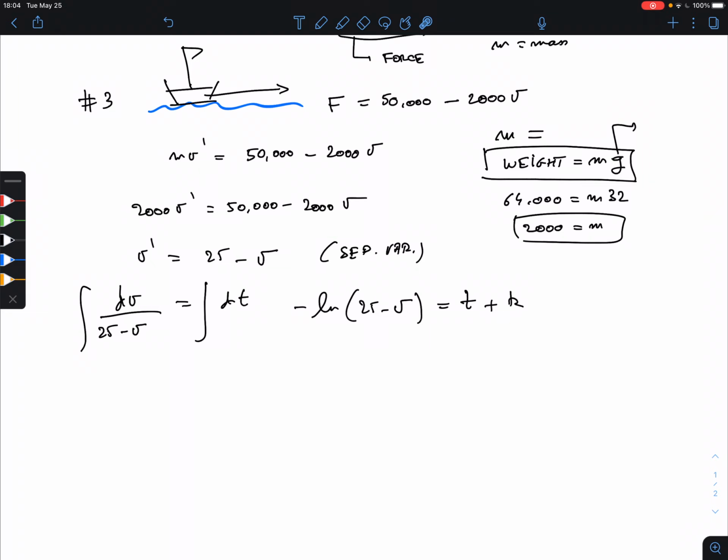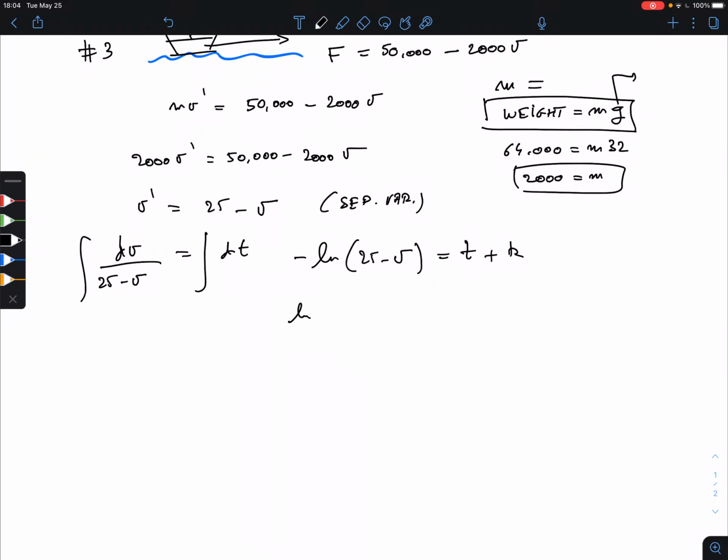I would always suggest you do that, because if you bring it inside, especially if this would be a number, as we'll see in the next question, then this becomes a big power, and it's very hard to work with powers, right? But if you bring it to that side, then you don't deal with that. So this is ln of 25 minus v equals minus t minus k, but I'm going to rename k. So I put it between quotes. This is not the same k, but it's almost the same k.